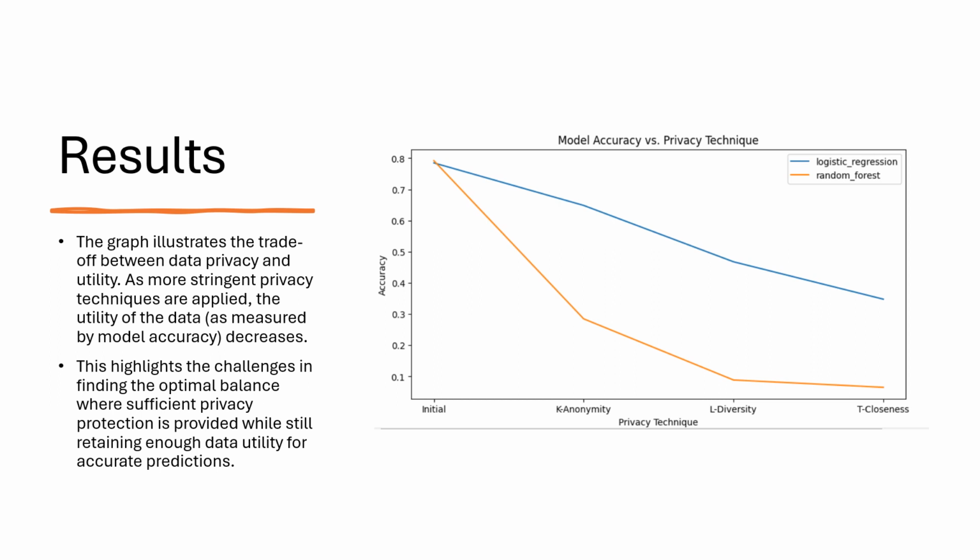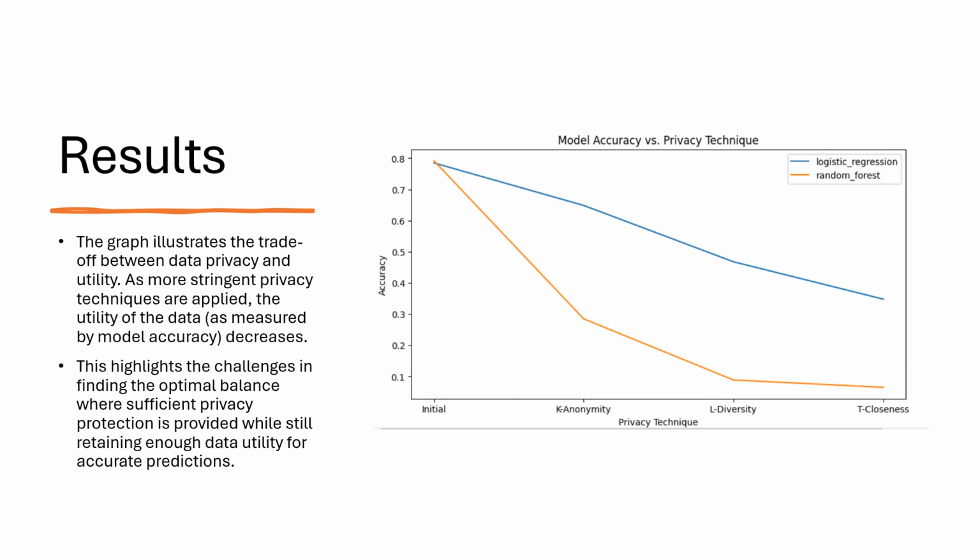For logistic regression, the decline in accuracy is relatively steady and linear, suggesting a proportional relationship between increased privacy and reduced model performance. To confirm this behavior, we subject the dataset to the random forest model, a more robust algorithm, and the trend appears similar, underscoring the consistent trade-off between data privacy and accuracy.